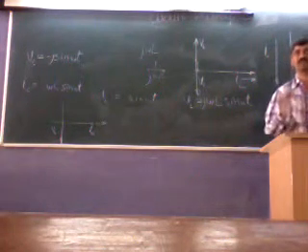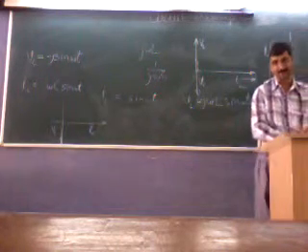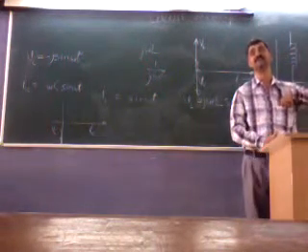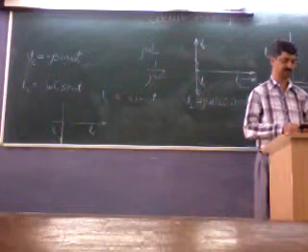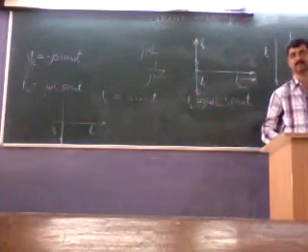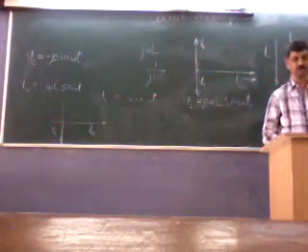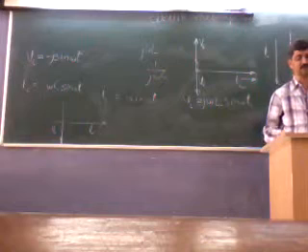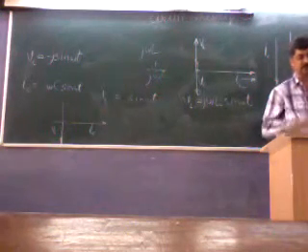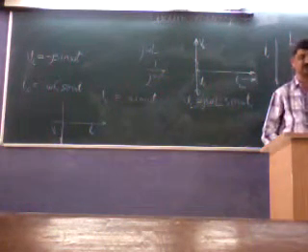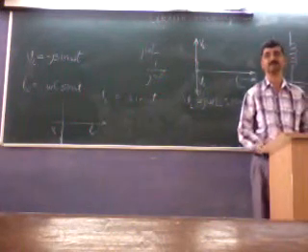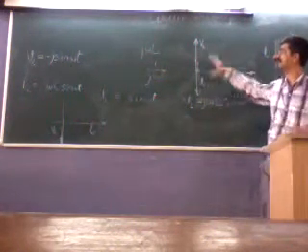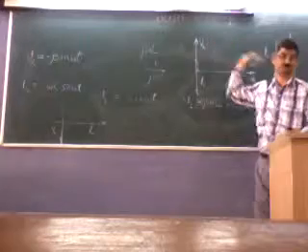LC doesn't offer any impedance, it's 0. And after resonating frequency, it acts as an inductor. Is it clear? So the frequency at which inductive reactance and capacitive reactance match is the resonating frequency. And this is a phasor diagram. VL, VC both are equal.